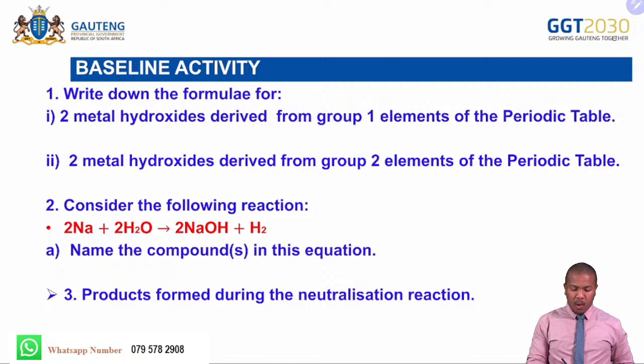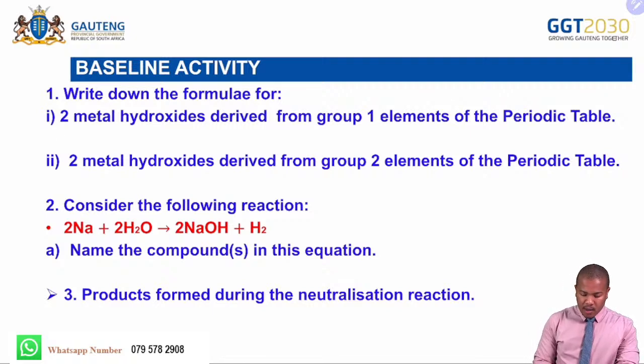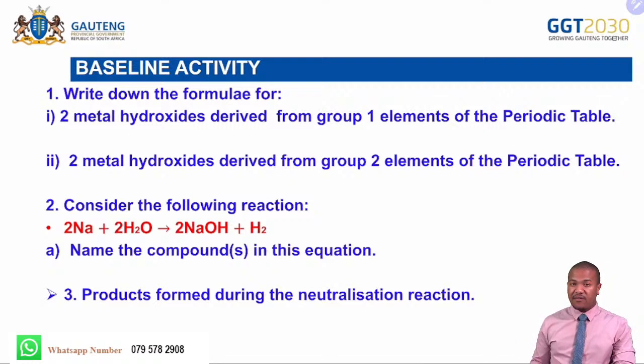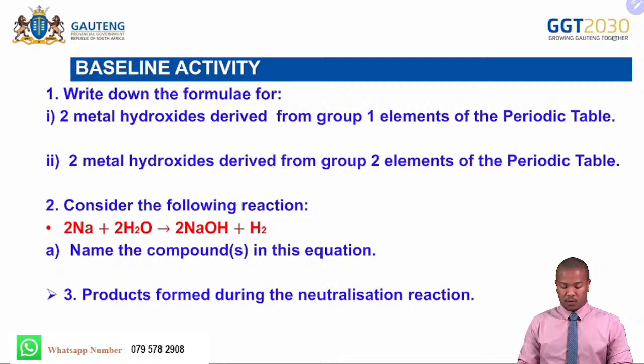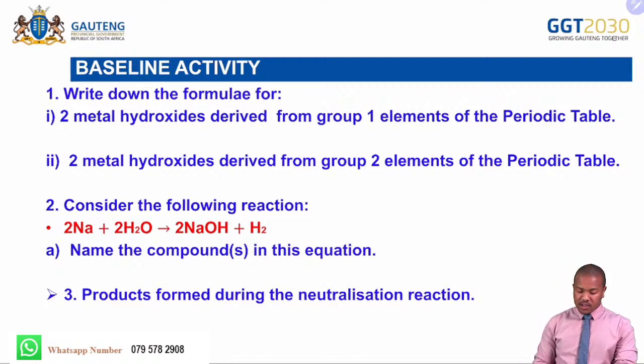questions. Number 1, write down the formulae for Roman figure 1, 2 metal hydroxides derived from group 1 elements of the periodic table. Roman figure 2, 2 metal hydroxides derived from group 2 elements of the periodic table. Number 2, consider the following reaction.